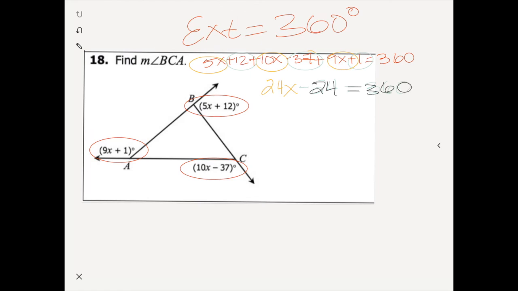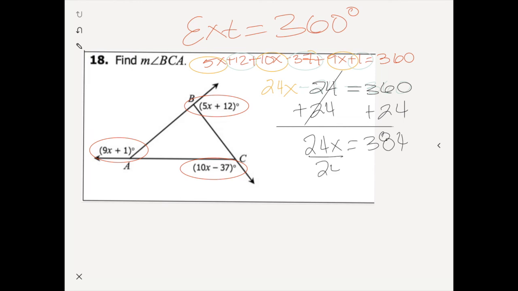So now we can just add 24 to both sides. That cancels, and we have 24x is equal to 384. Now if we divide 24 on both sides, we're going to get x is equal to 16.